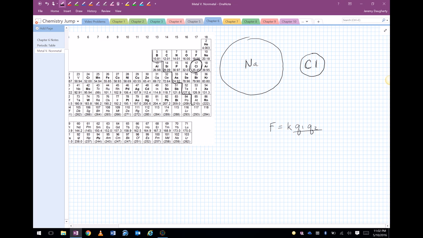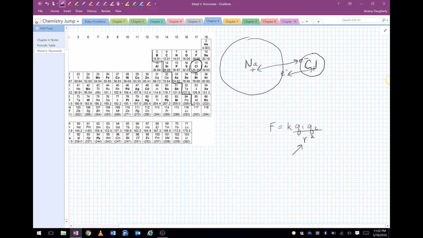Well, in this case, we're talking about the nucleus and the other atom's electron. So we're talking about the force of attraction between these two, and the force of attraction between this nucleus and the sodium's electron. So Q1 and Q2 here are basically the same, all right? Now, what's different? The distance between the two is what's different, right?